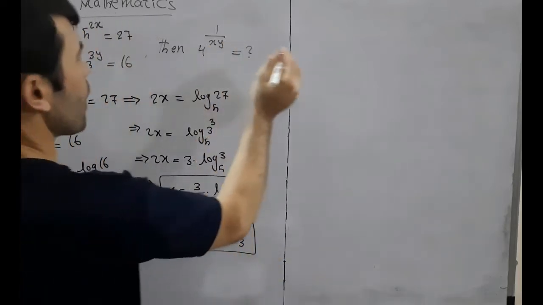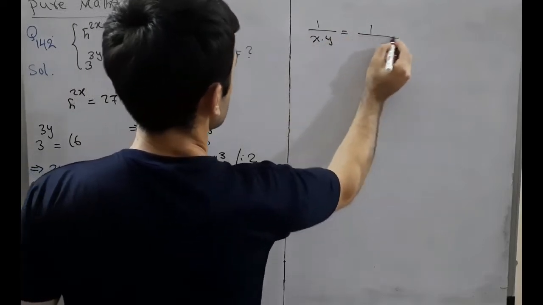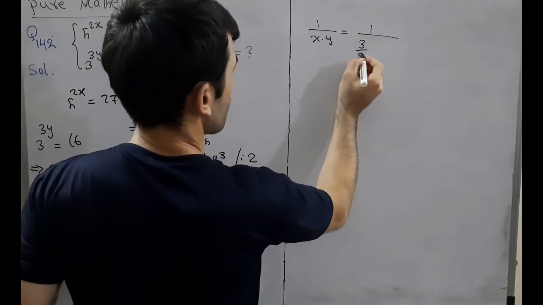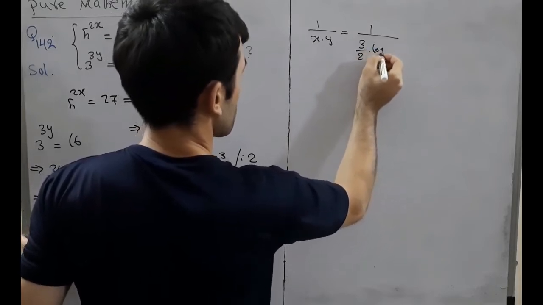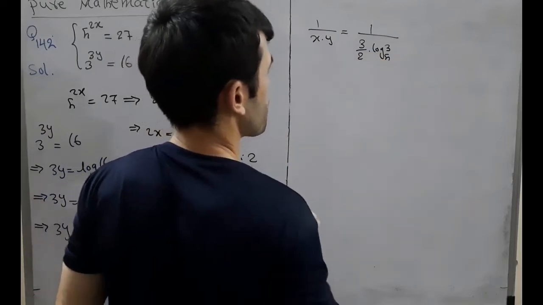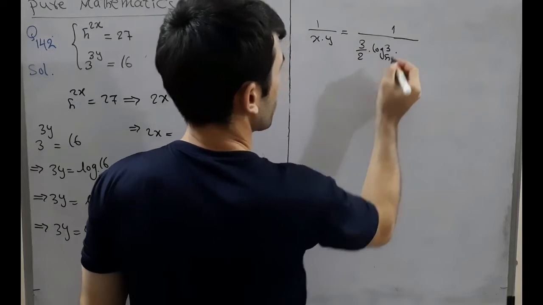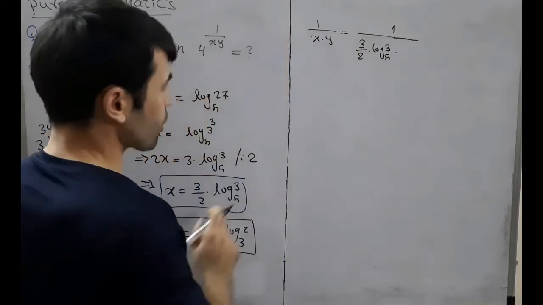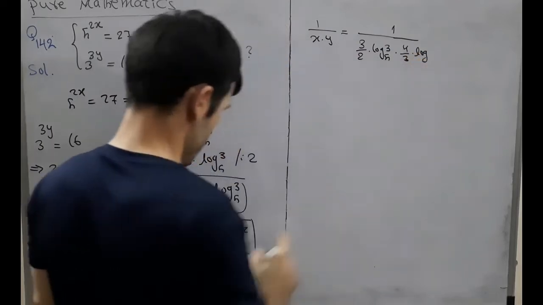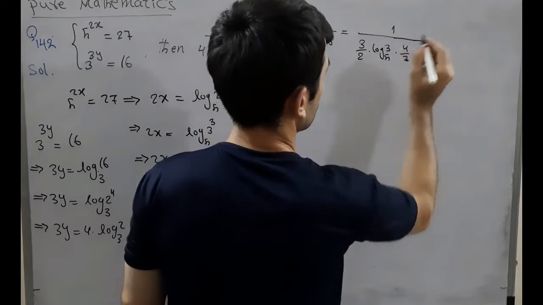Now we want to find 1 over xy. It is equal to 1 over, instead of x we can write 3 over 2 into log 3 with the base of 5, into, instead of y we can write 4 over 3 into log of 2 with the base of 3.